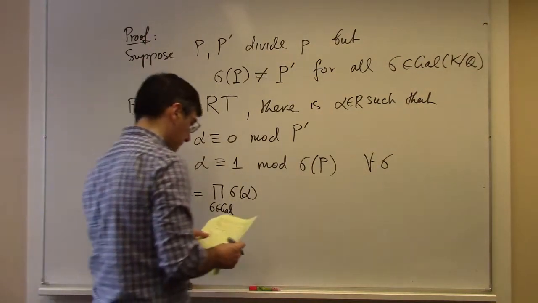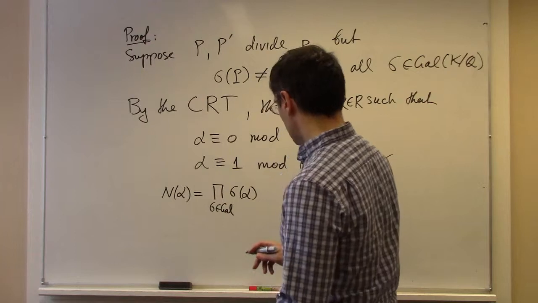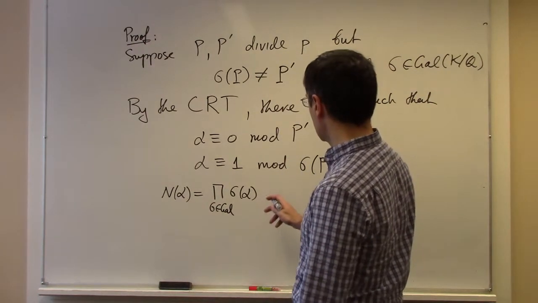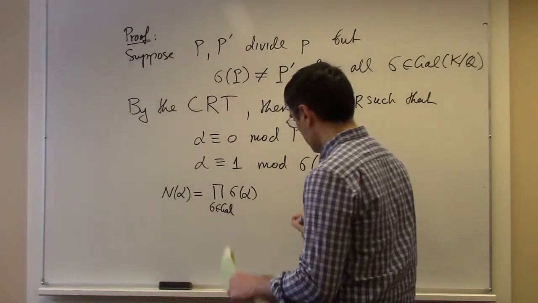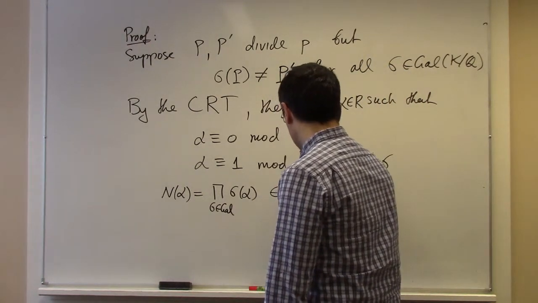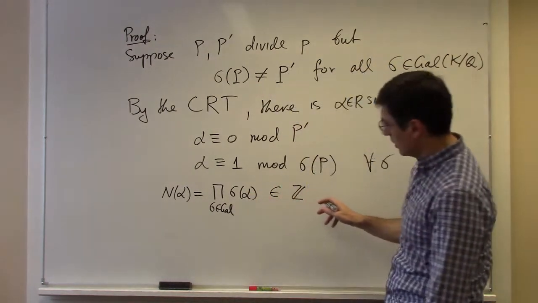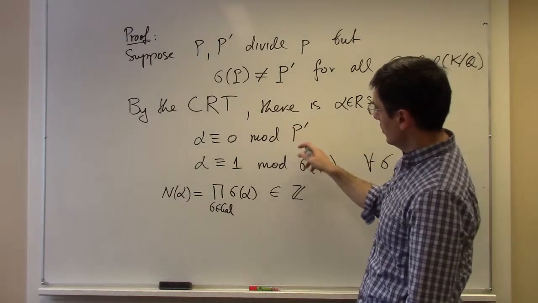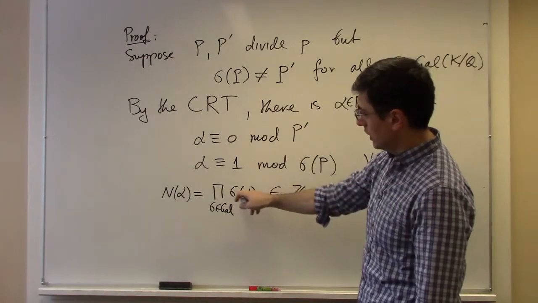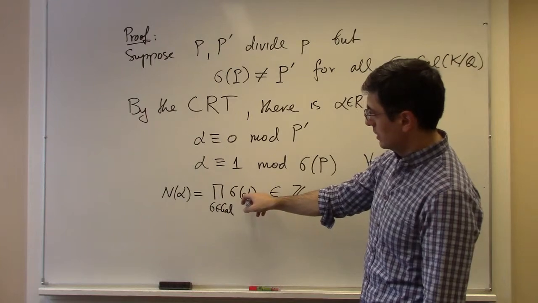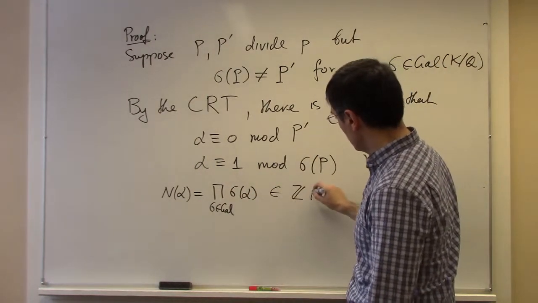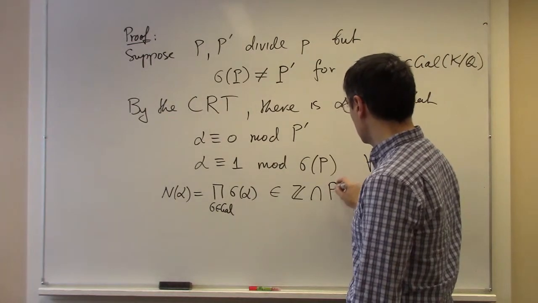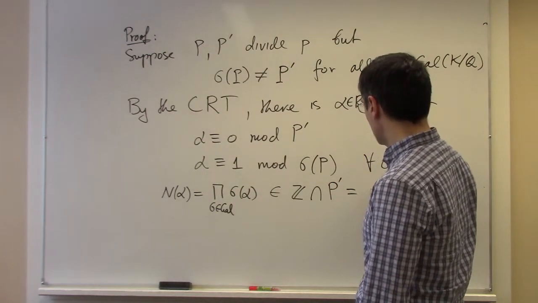And this element, because it is in P prime, is an integer, but since one of the factors is in P prime, this element belongs to P prime. So it belongs to the integers intersected with P prime, which we know is pZ.